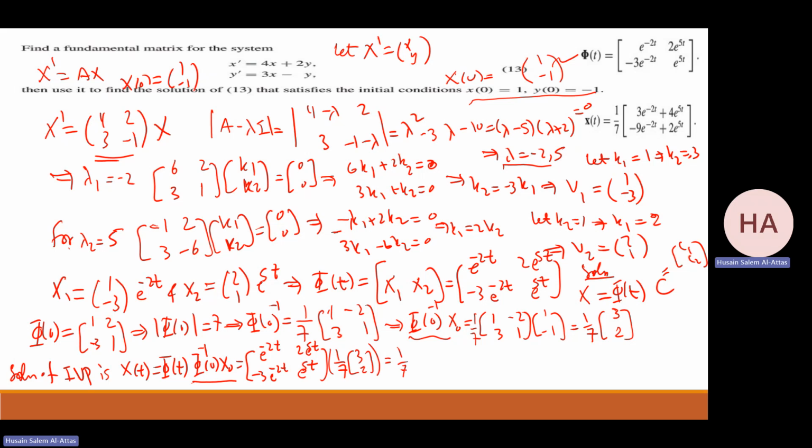So the answer will be 1/7 times what? 3e to the minus 2t plus 4e to the 5t, and minus 9e to the minus 2t plus 2e to the 5t, which is exactly this one. That's it. That will be the solution.